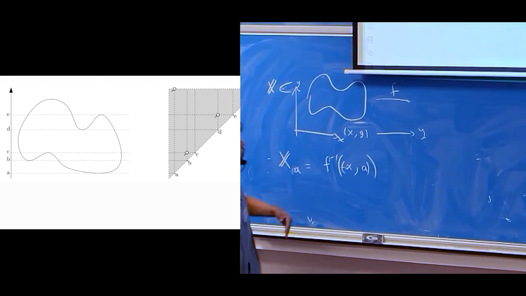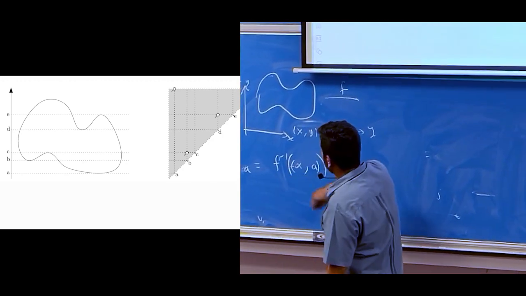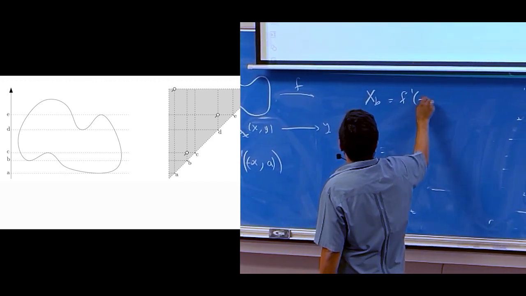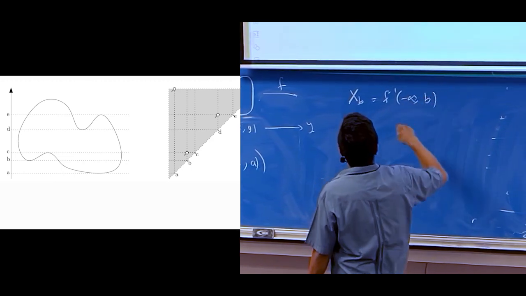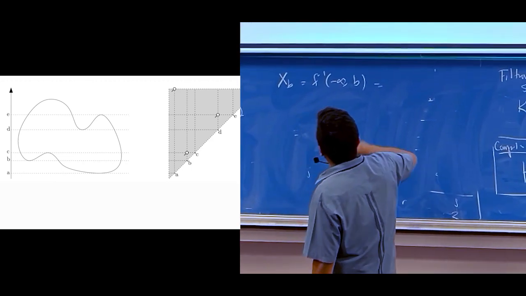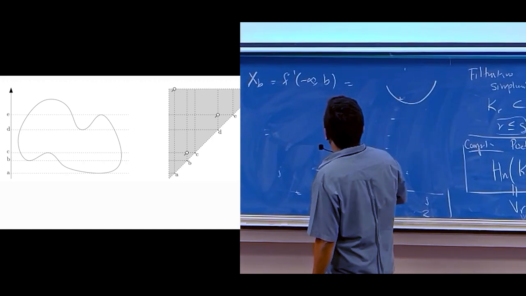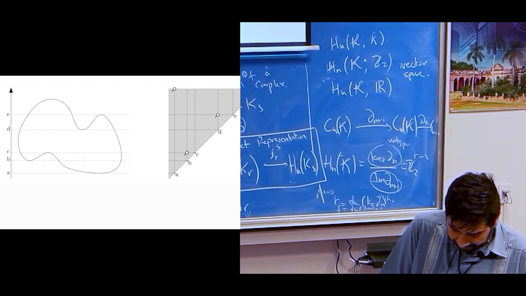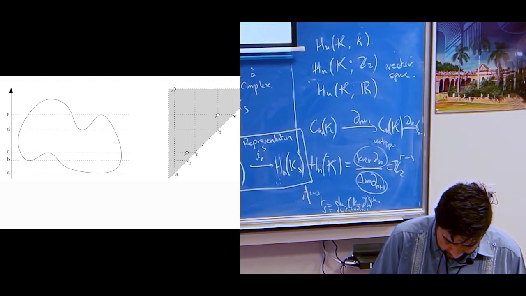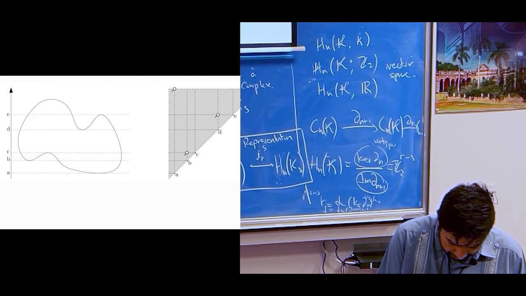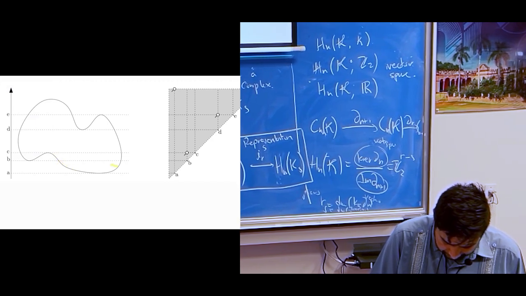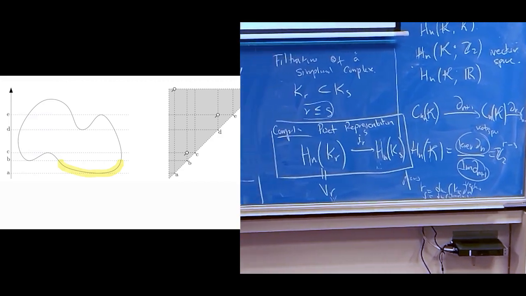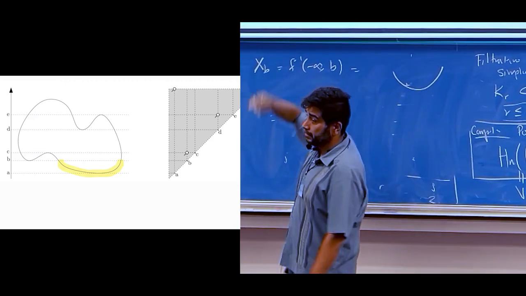For example, X sub B is the preimage of f from minus infinity to B, which looks like this. It's just this arc at the bottom right here. It does not include the ends, right? It's just that arc.